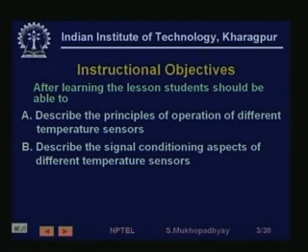He or she will be able to describe the various signal conditioning aspects, as we have already discussed that measurement involves transformation from one variable to another till the measurand or the variable of interest comes into an electrical form, so that it can be used very easily. So for that you need signal conditioning and processing, and they are specific to the kind of sensors that are used. So the student will be able to describe the signal conditioning aspects.